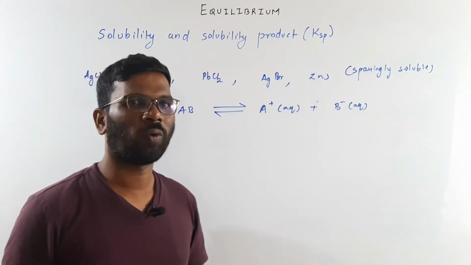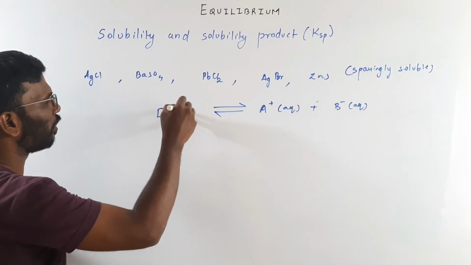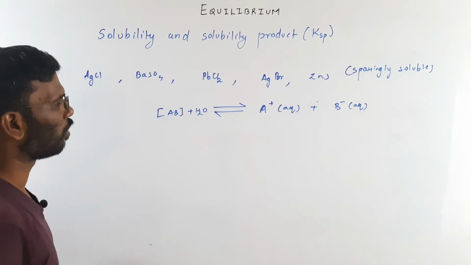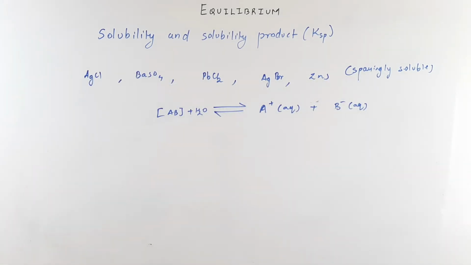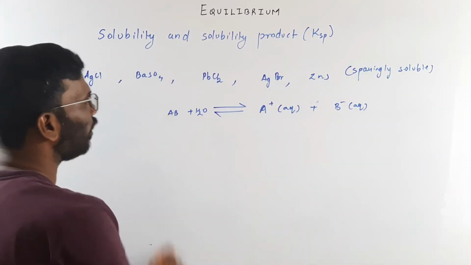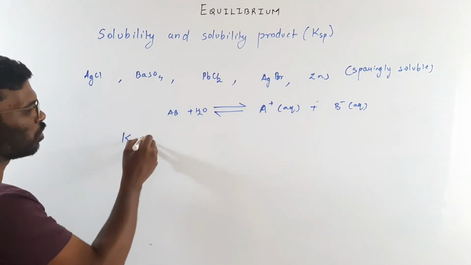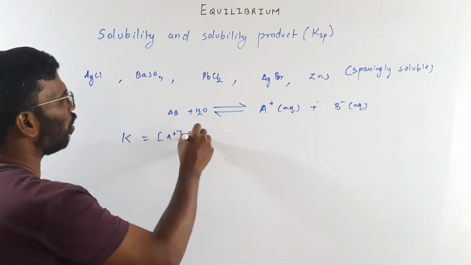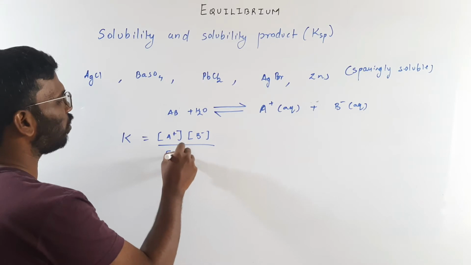So if I put AB into water, it is getting dissociated into water. If you want to write the equilibrium constant, you write the concentration of A+ times the concentration of B-, that is the product, upon the reactant, which is the concentration of AB.